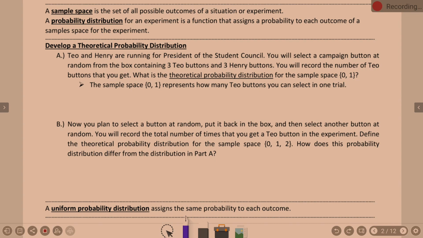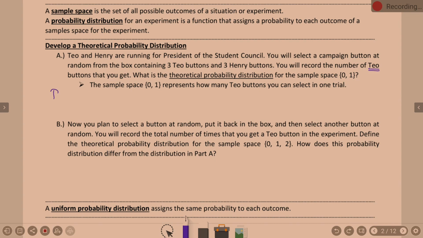Now, what are we recording? The number of Tio buttons you get, right? So probability 0 is going to be the idea that you get no Tio buttons. Probability of 1 is that you do get a Tio button. Okay, so let me write that out first, and then we'll go through.